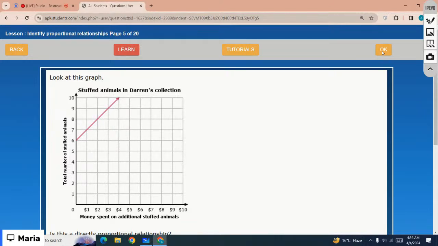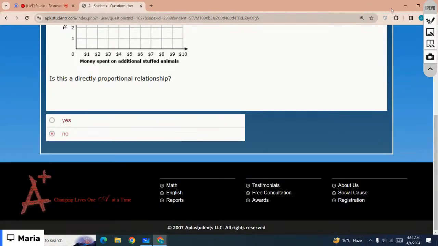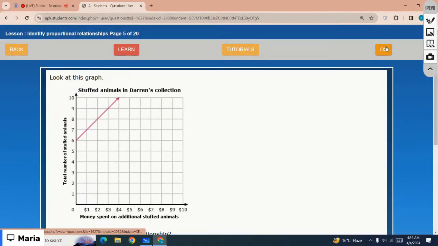Is this a directly proportional relationship? The correct option is no, this is not a directly proportional relationship. Got it?